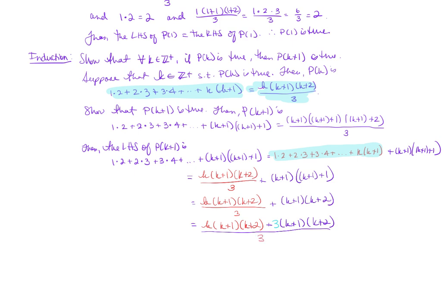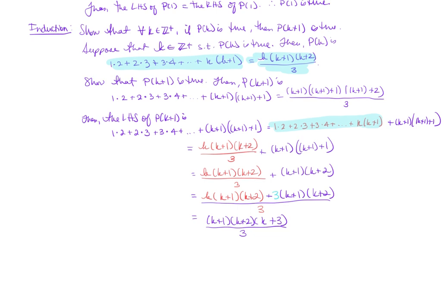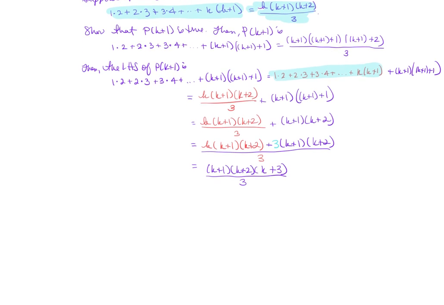So when we start to simplify here, something sort of fun happens. Both terms have a k plus 1 and a k plus 2, so we can factor out a k plus 1 and a k plus 2, and in each case, then all I'm left with is k and plus 3. And this is all over 3. And I'm hopeful that you'll see that this is the right-hand side of p of k plus 1. But we're going to show it too, because that's what we're tasked to do with the proof.